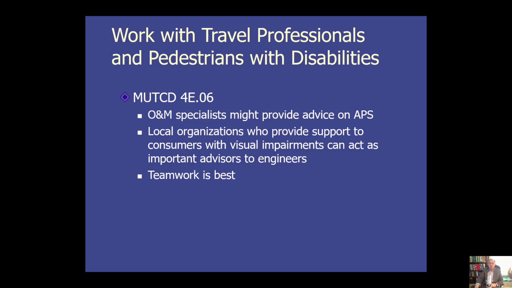Now, we also need to work with many travel professionals in our own profession. The MUTCD has basically said that O&M specialists might provide advice on installation of APS, and that's something that we need to cultivate. Local organizations who provide support to consumers with visual impairment can help us and can be important advocates for us. Teamwork is really what's best.